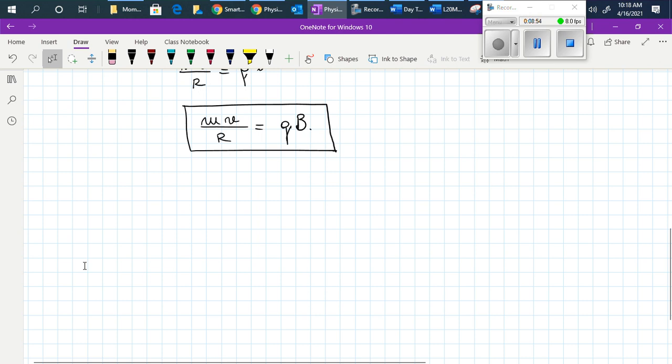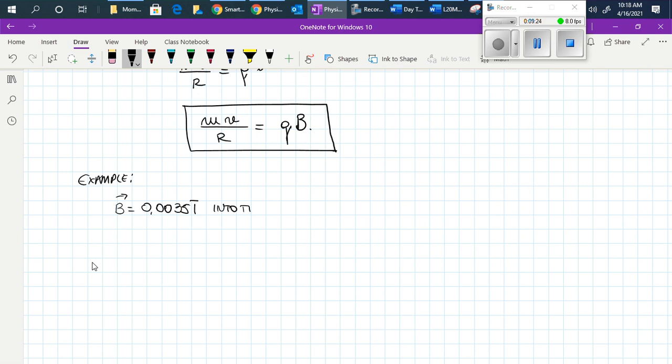So let's see. Let's suppose that we have a case that an electron is entering. So, example, an electron is entering into a magnetic field that is 0.0035 Tesla, and it is in the direction into the page.